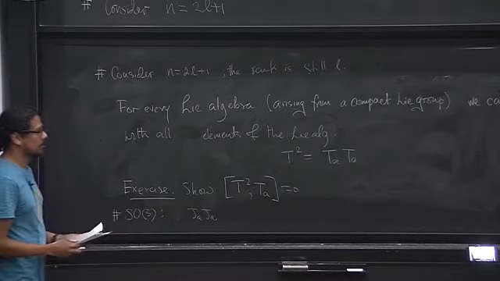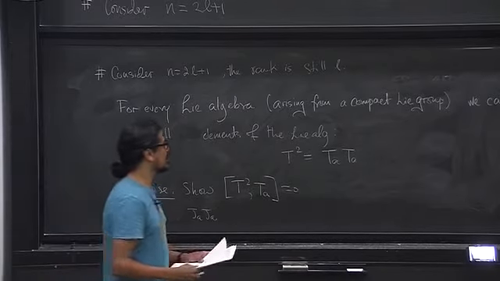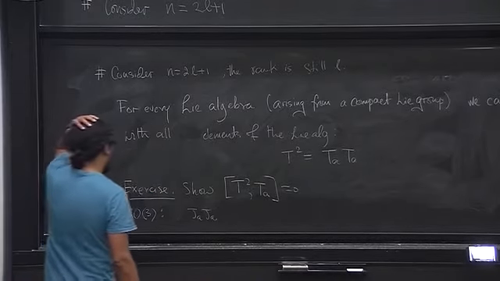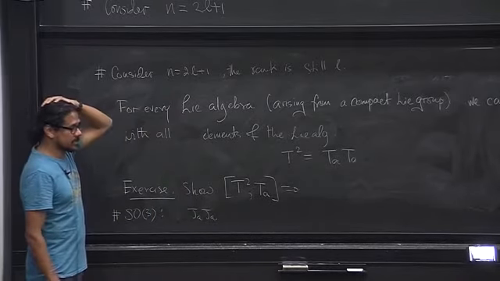Is that the general Casimir operator, or are you just saying it's for SO(N)? I believe that for compact Lie groups, that is the general Casimir operator.